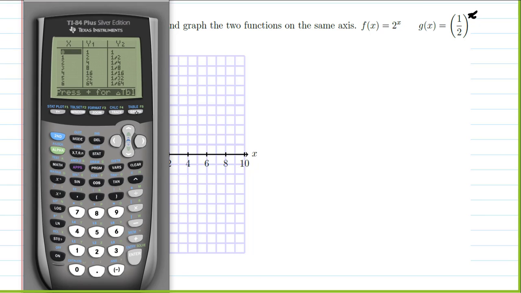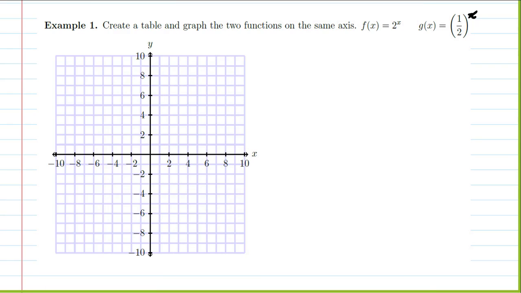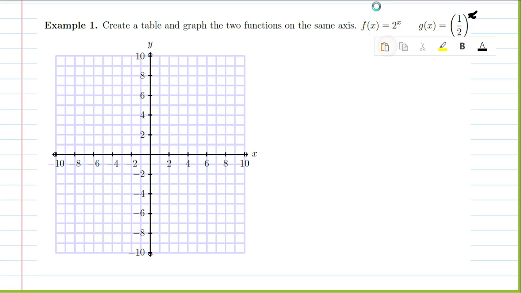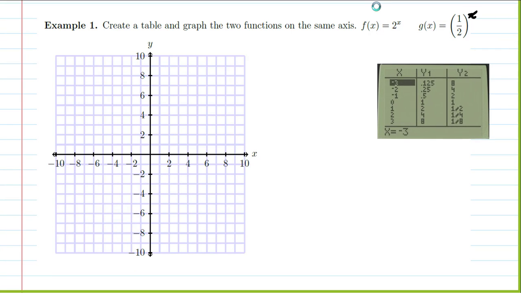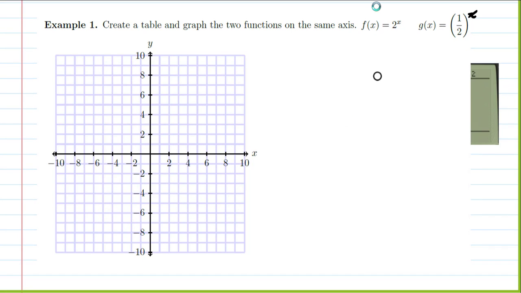And the second table, so we get our table of values. Looks something like this. So let's go ahead and graph each of these.